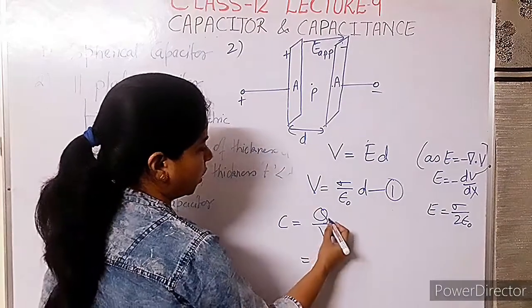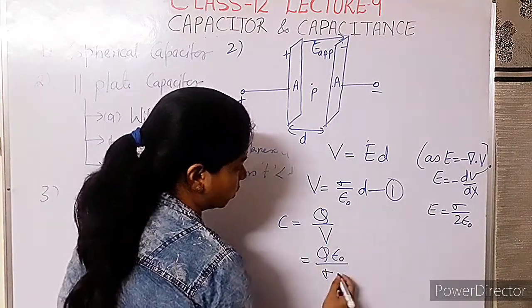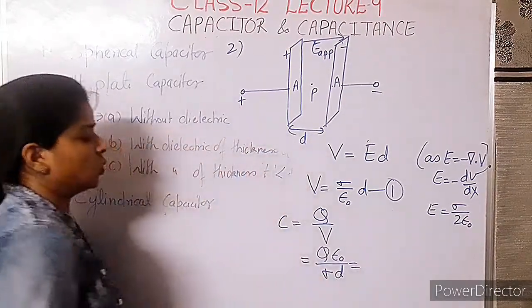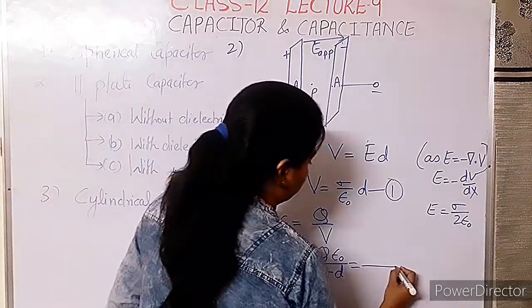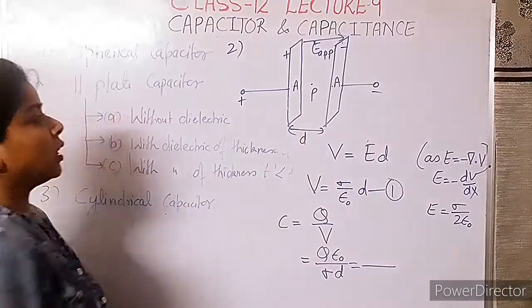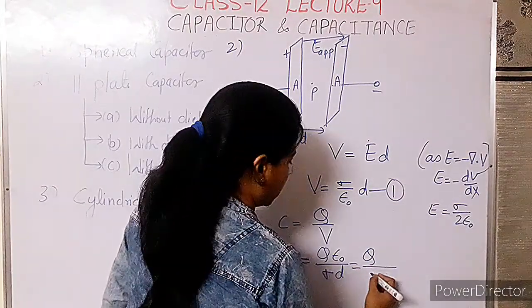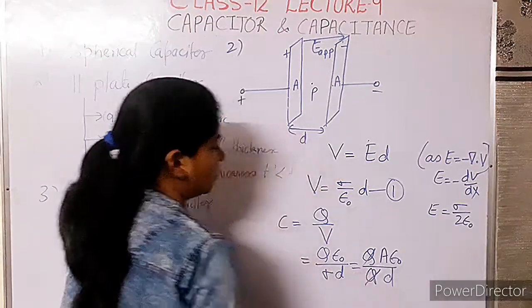Q divided by V is sigma over epsilon naught, go in numerator, into D. Now put the value of sigma. You know that sigma is surface charge density and its value is Q divided by surface area. As we have taken the area, surface area of plate as A, so we will write here as Q divided by A, and Q will be cancelled out.